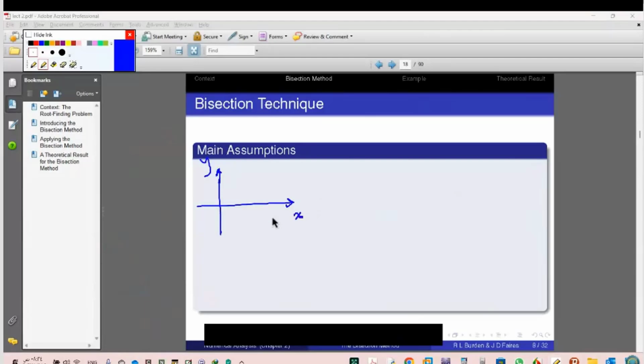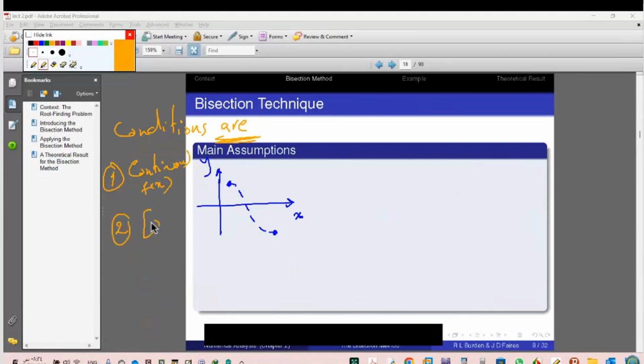Again, the conditions are: first, f(x) continuous; second, closed interval [a, b]; third, f(a) times f(b) less than 0.